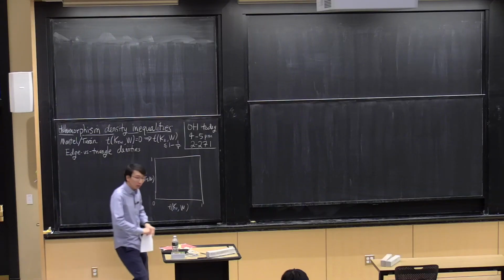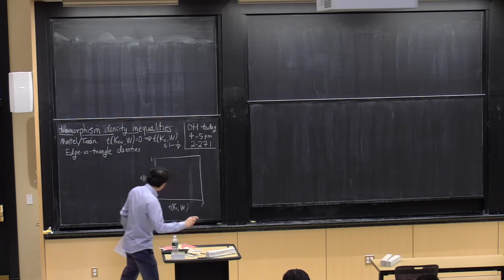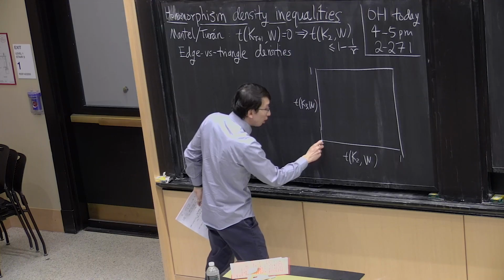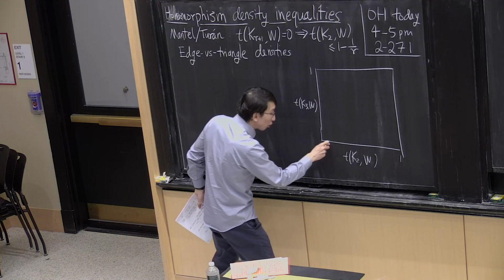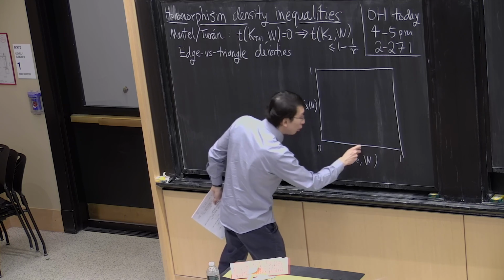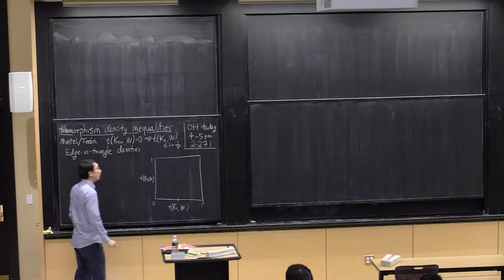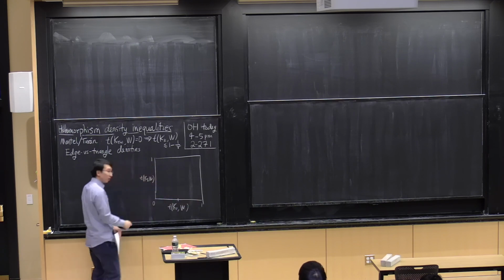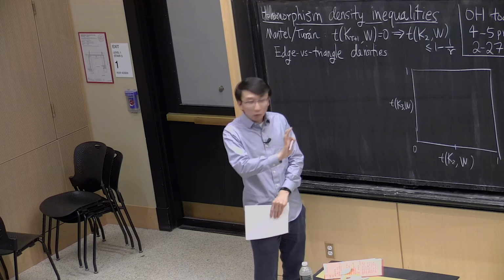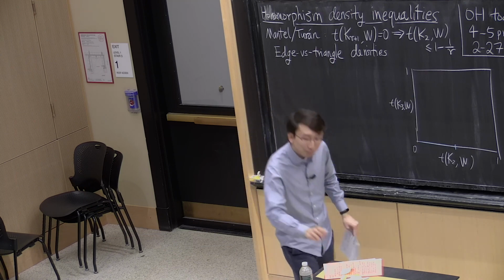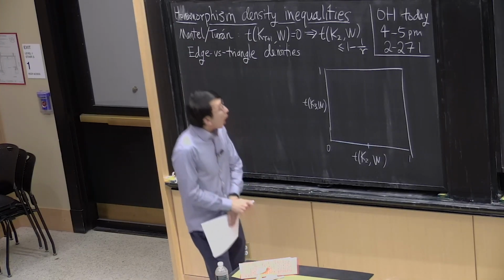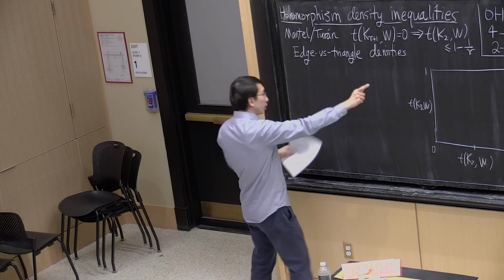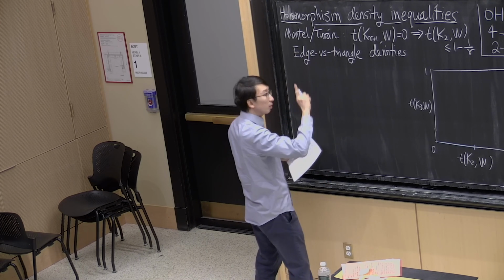Mantel's theorem tells us already something. Namely, this region, the horizontal line at 0, extends at most until the halfway point. Beyond this point, it's not part of the feasible region. So far, that's the information that we know. Our discussion about graph limits, and in particular, let me first write down what is the question.